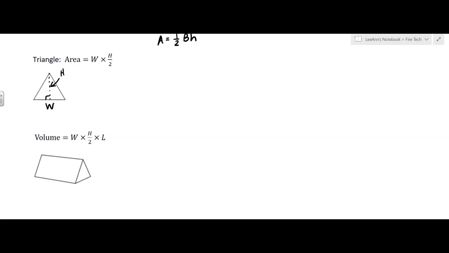A little bit interesting on this one, maybe I'll do an example real quick. Let's say that our width is 10 and our height is 7. So the area of this triangle would be the width times 7 divided by 2. Because of the way that it's written, it doesn't really matter which way you do it first, because it's multiplication.